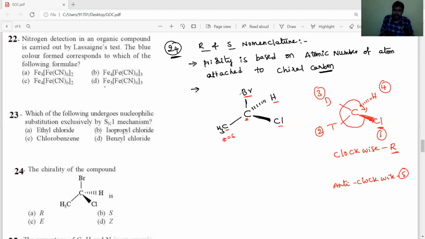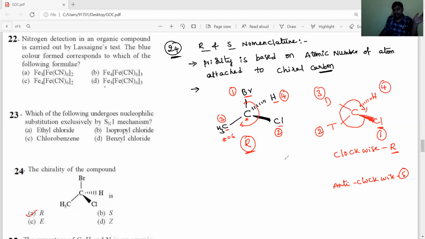Now in the given organic compound, bromine gets the highest priority, next chlorine, next carbon. So of these three groups, the fourth priority group is hydrogen, and it is on the backside only. That is why, with the remaining groups in a clockwise direction, it is called R configuration. Okay students, then it is R. So the answer is option A.